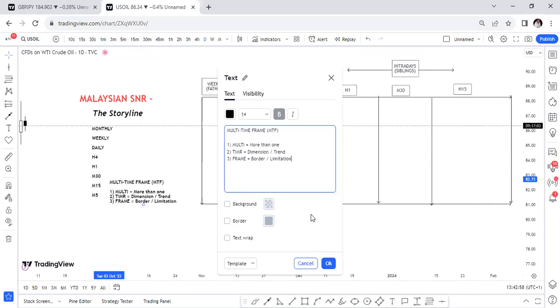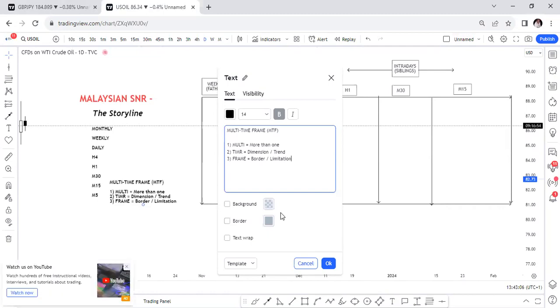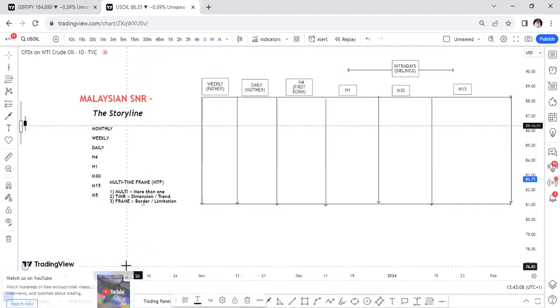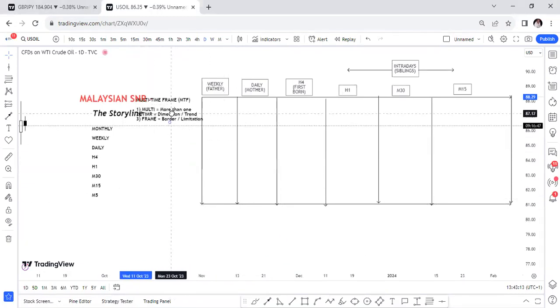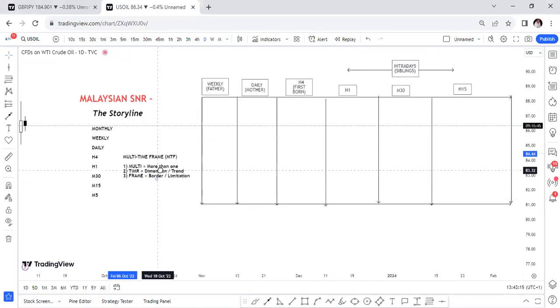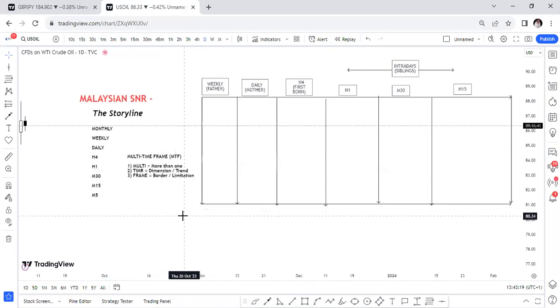You must have seen that in my Malaysian SNR videos. MTF, that's multi-time frame analysis. So that means the monthly, weekly, daily, from monthly down to 5 minutes, each has its own storyline.